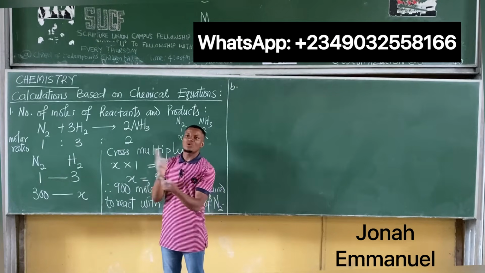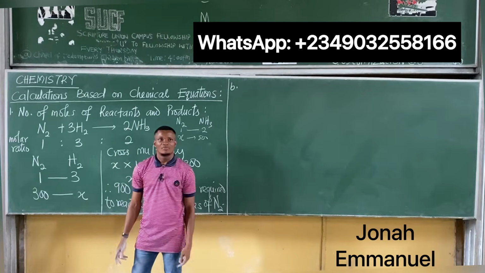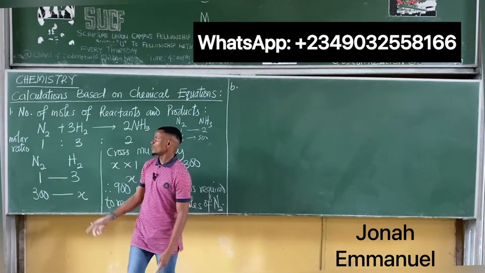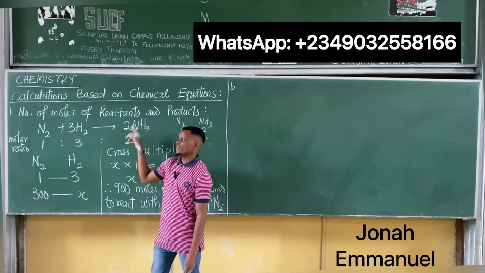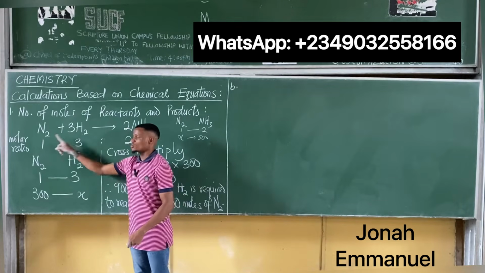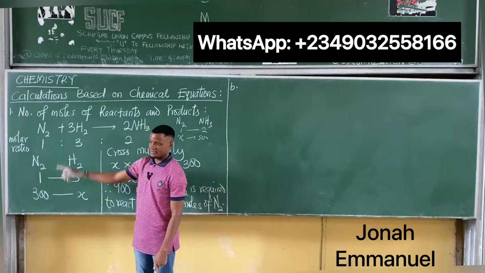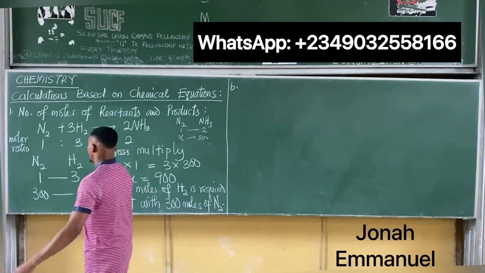But what if you choose to swap it? What if you write H2 and N2? Is it wrong? No. But then it's not that proper. It's better you follow the sequence of the equation. Even if they mention hydrogen before nitrogen, for the fact that in my equation this one comes first, it's advisable this one first before this.